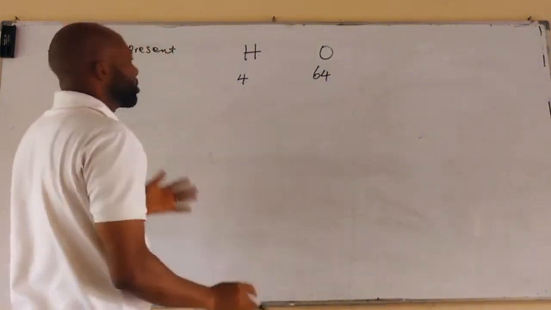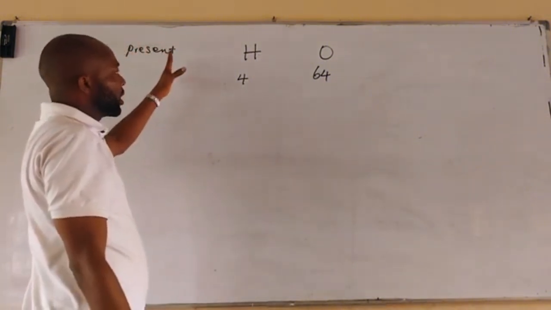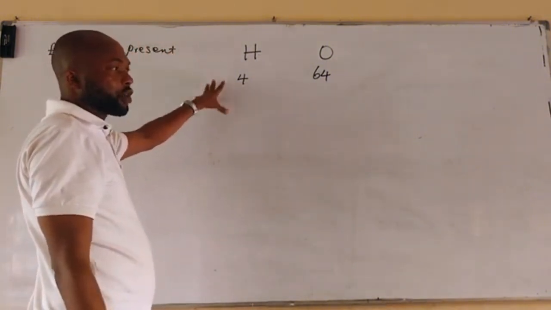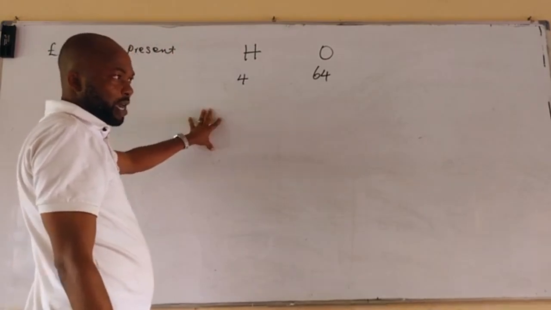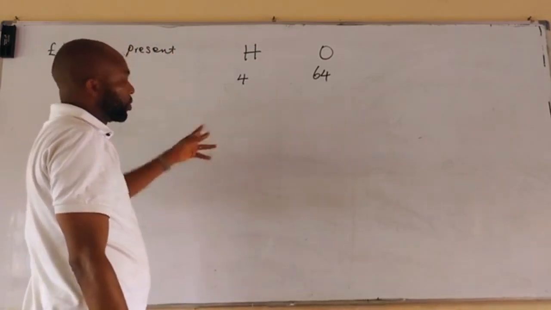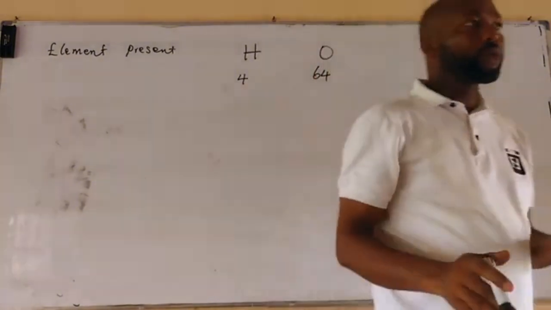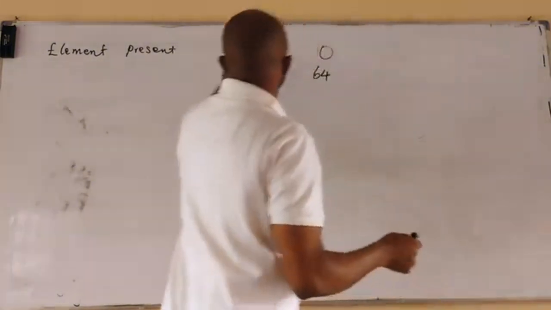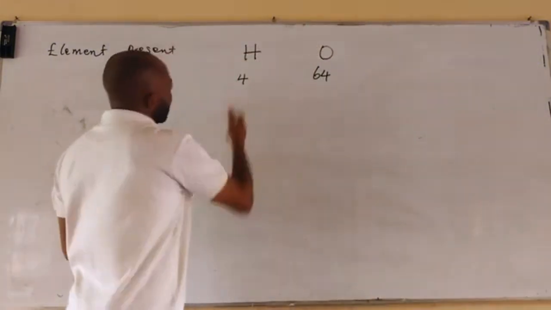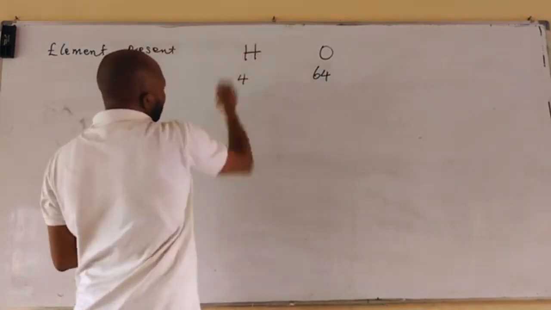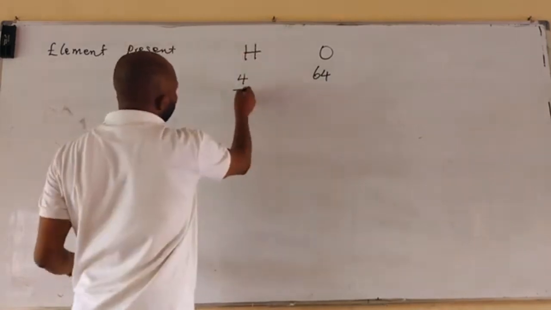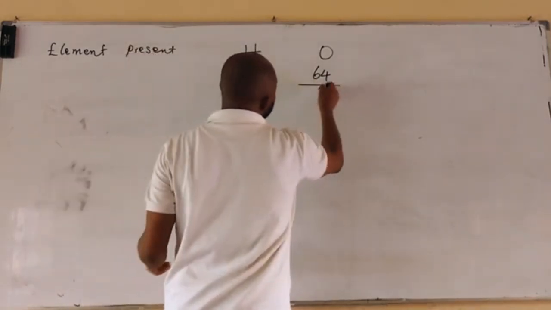So we're not going to start with the percentage composition. We divide by the atomic mass and move on. So now we proceed. The atomic mass of hydrogen is 1. That of oxygen is 16.